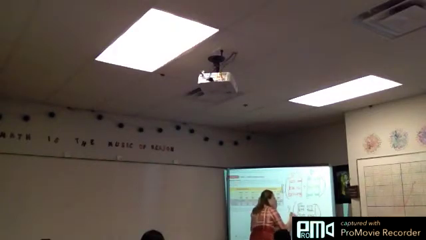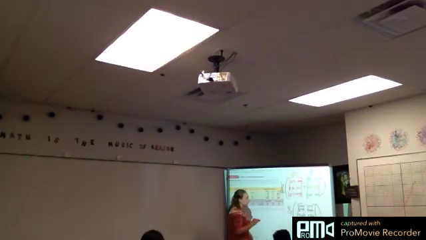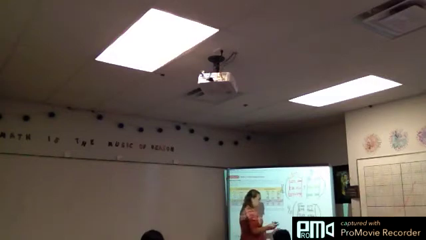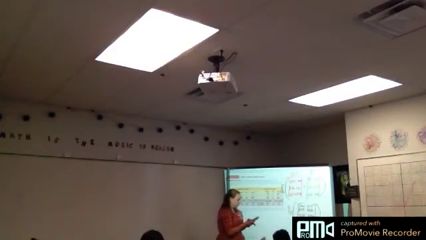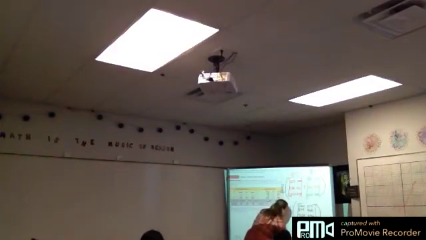Multiply it by 1/2. Okay, so what's half of 220? 110. What's half of 214? 107. What's half of 594? 297. Good job, Anna. What's half of 466? 233. What's half of 430? 215.